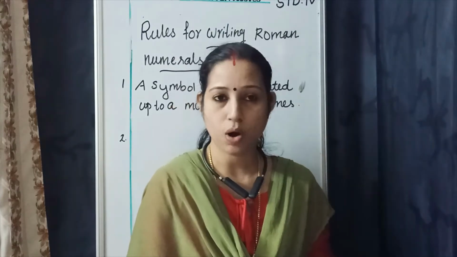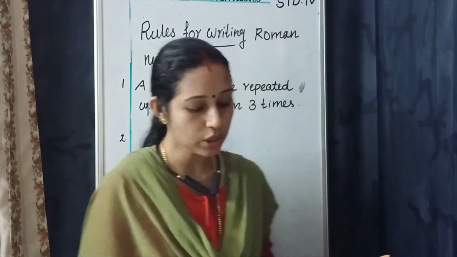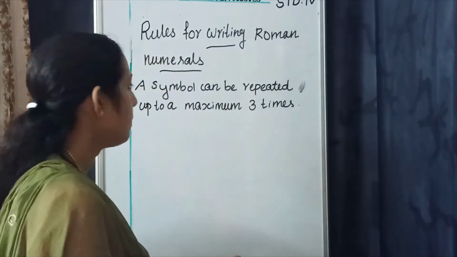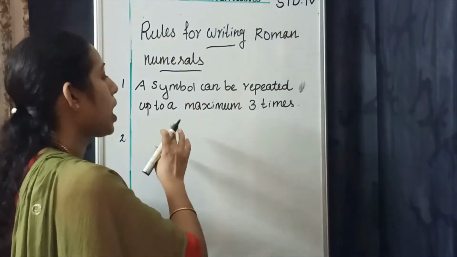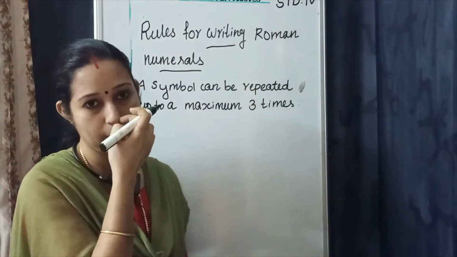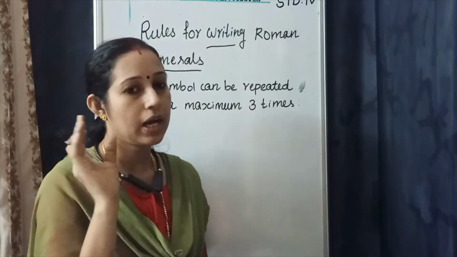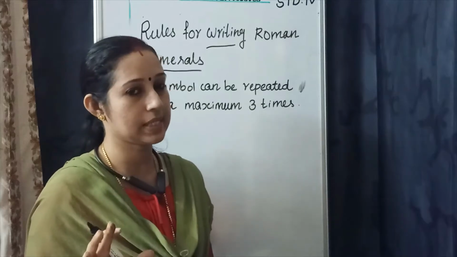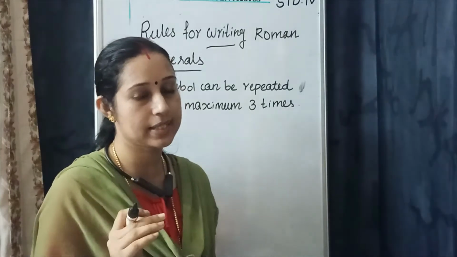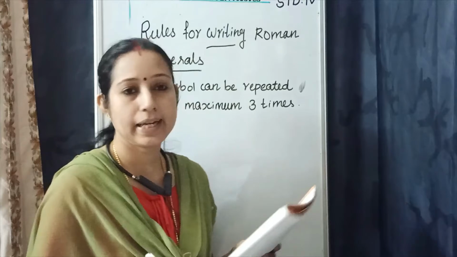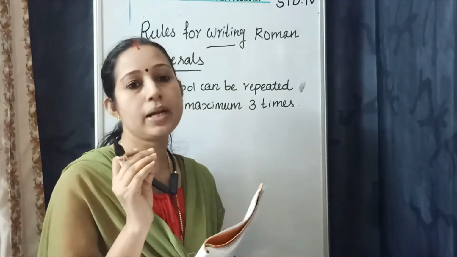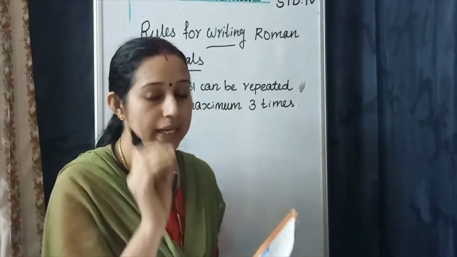There are some rules to write Roman numerals, so let's see what the rules are. The first rule is a symbol can be repeated up to a maximum of 3 times. The Romans used 7 basic symbols, that are I, V, X, then L, C, D and M. One symbol is used a maximum of 3 times.